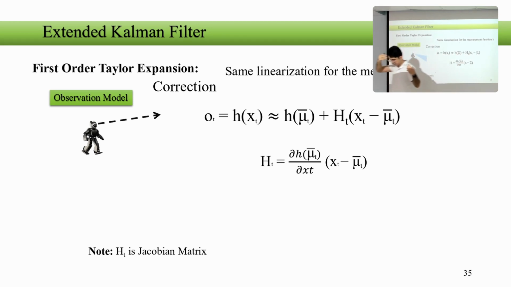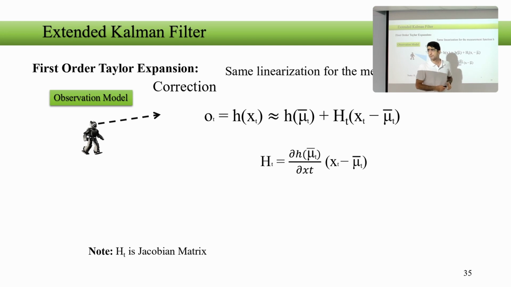That is the difference between my predicted mean and xt, and how this can be plotted to the Gaussian model, to the linear model that I have, if they are nonlinear as input.